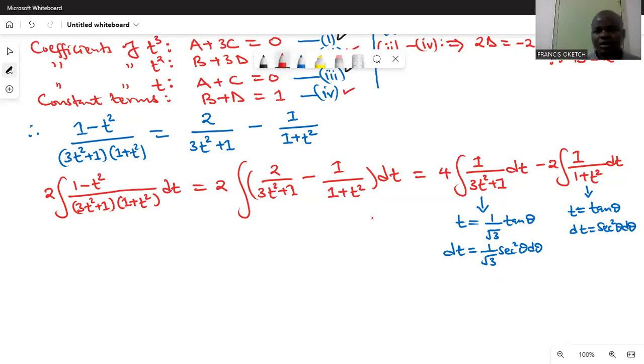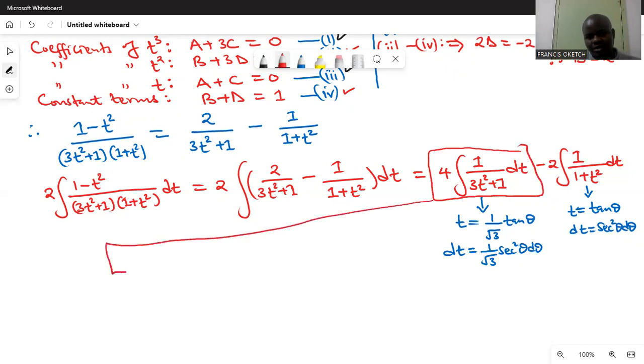So this integral, when we substitute t, we are going to get 4 times the integral of 1 over 3 times t squared. t squared is the same as 1 over 3 tan squared theta.